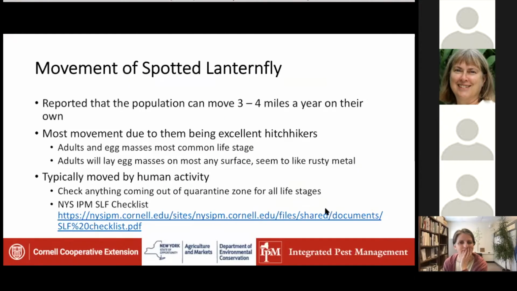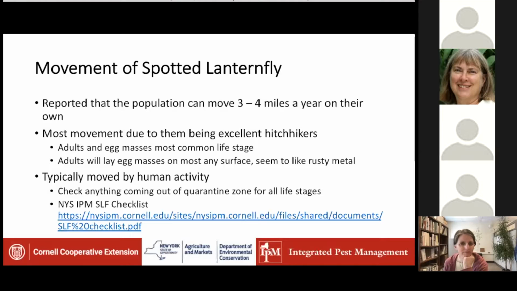Okay. It is estimated that the population of spotted lanternfly can move about 3 to 4 miles a year on their own, which wouldn't be so bad, but they are excellent hitchhikers. They can get on just about anything, and it's believed that they came into Pennsylvania from some rock that was being used for landscape purposes.